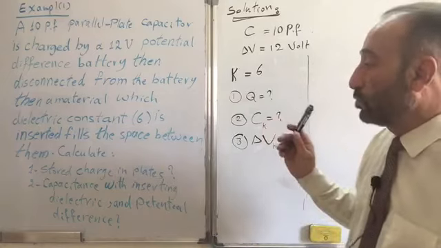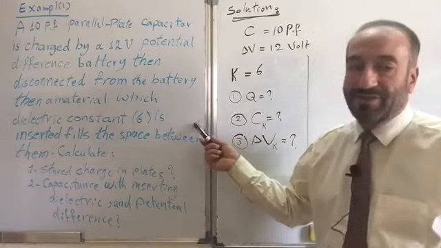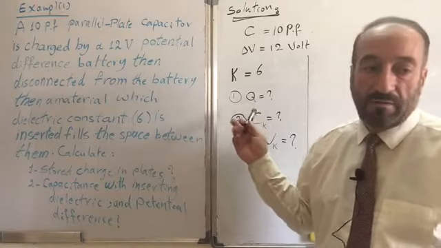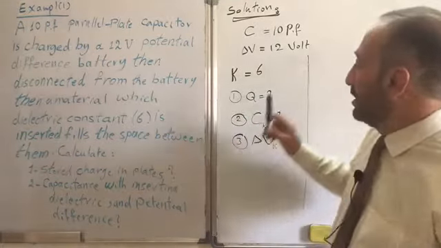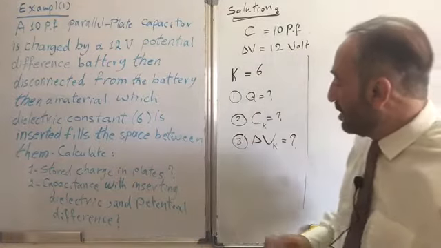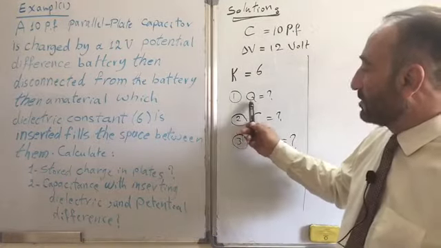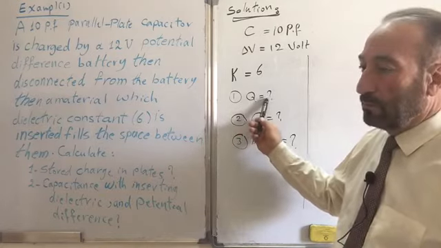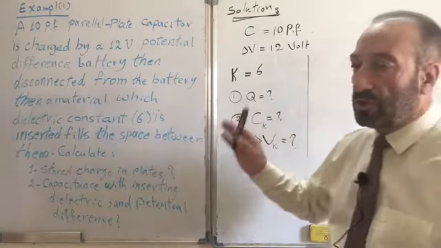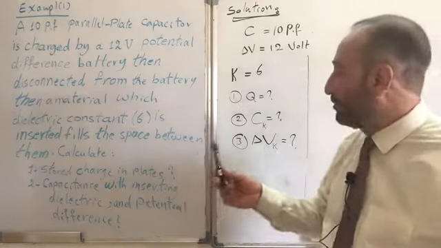First of all, to solve any questions like this, we should write down the given. When we write down the given, the first order is Q. Q refers to the stored charge in the plates.